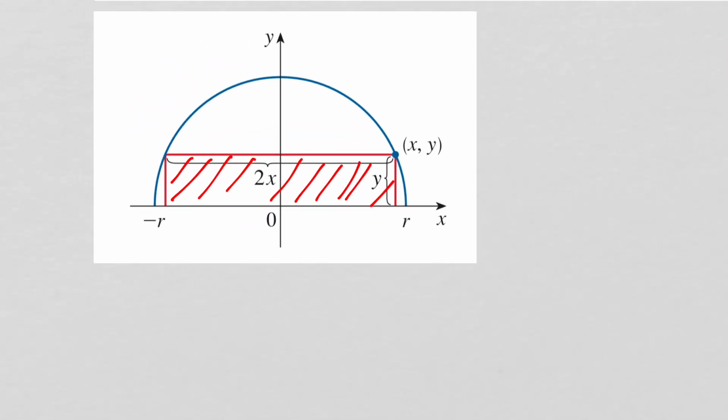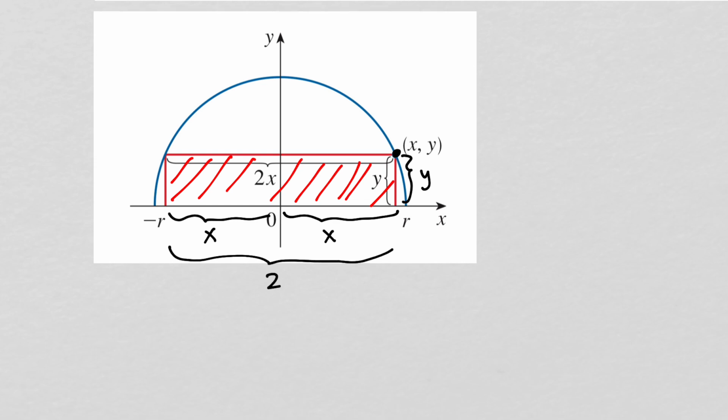So notice how the point on the semicircle here is (x, y). And that means that this distance from here to here is x, and the distance from here to here is y. Now that also means the distance over here is also x, and therefore the length of this side of the rectangle is 2x. And you can see that they've labeled it like that in the picture.